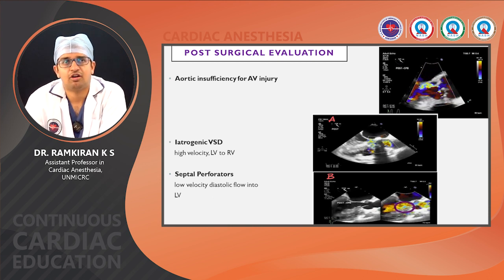You can see a high velocity flow from the LV into the RV in the mid-esophageal aortic long axis view. It has to be differentiated from septal perforators, which usually show a low velocity diastolic flow into the LV cavity, so it has to be distinguished from the iatrogenic VSD.